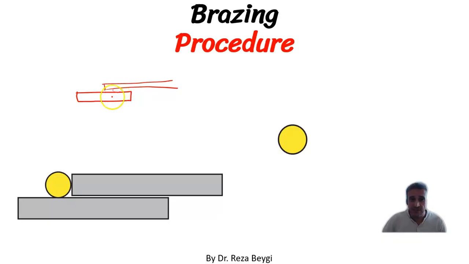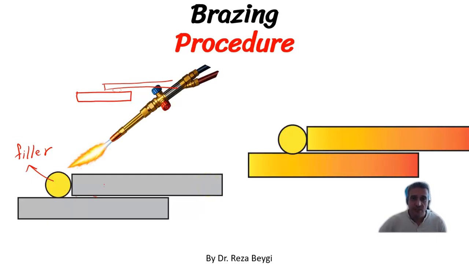So imagine we have two materials that are to be joined, and we have a filler material here. This filler material should be melted and diffuse into the gap. For this filler material to be melted, we need a heat source.